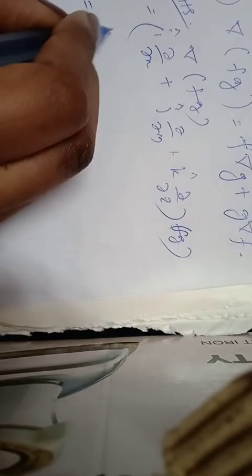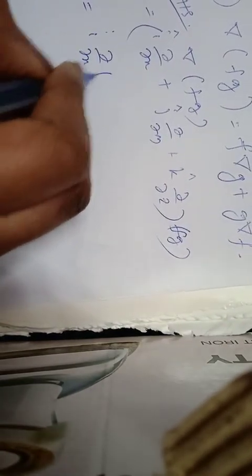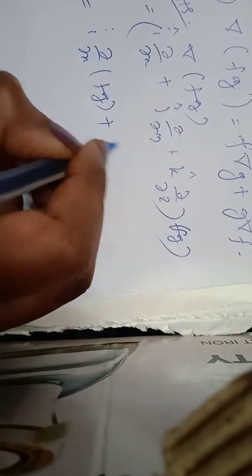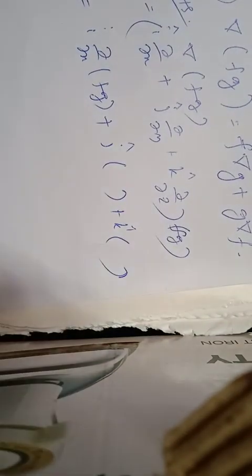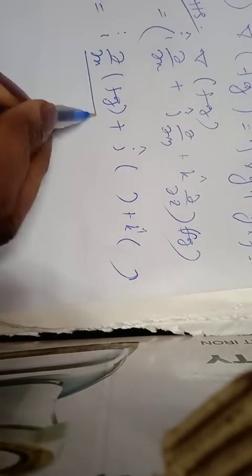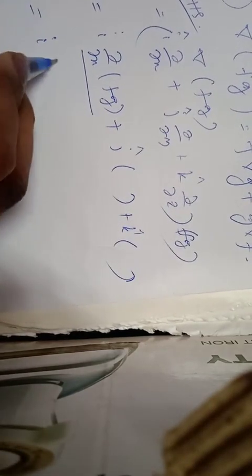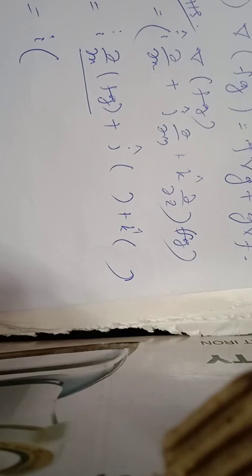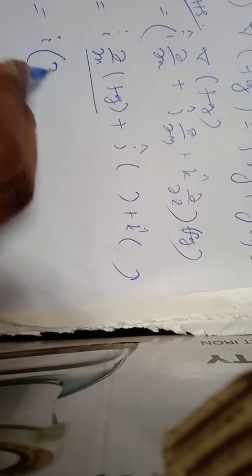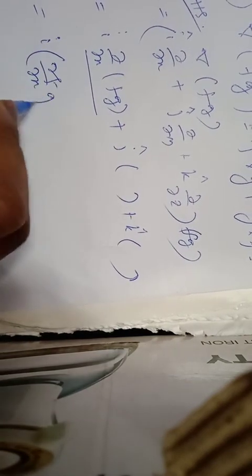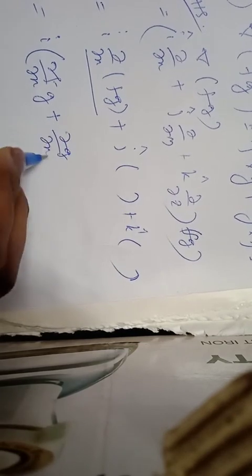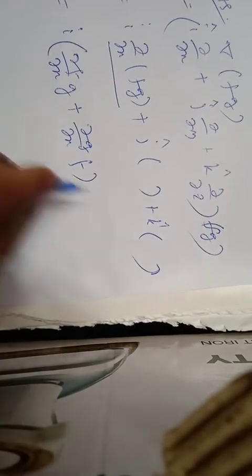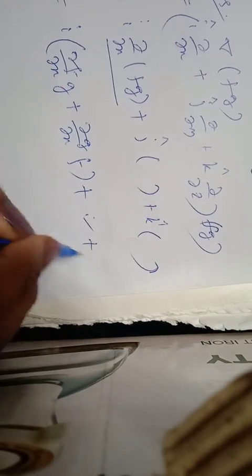Open the bracket: i del/del x of fg, then j del/del y of fg, k del/del z of fg. Now what is its formula? Differentiation of a product, that is the UV rule. So it will give you del f/del x times g plus del g/del x times f. Similarly for the next two terms also.